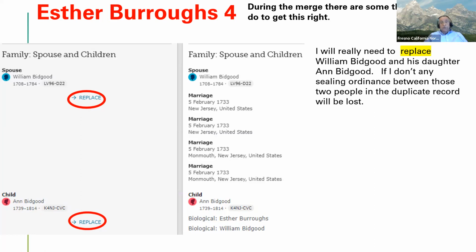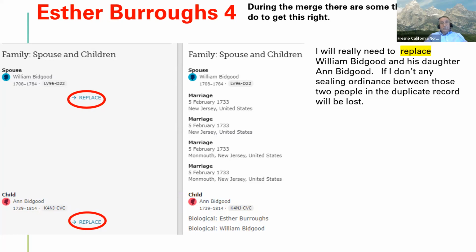But the ordinance that went with her won't get brought over if the name doesn't get brought over. And that's where we get these situations, and you'll see them at the very end, where we have a name or we have an ordinance for a sealing and there's a date and a temple and there's nobody that they're sealed to. That's because somebody didn't bring these over in a merge. And that's how they get lost.